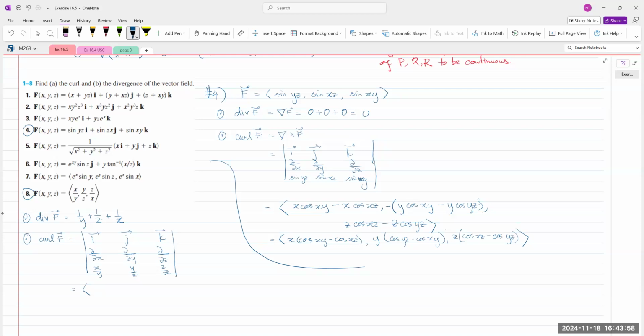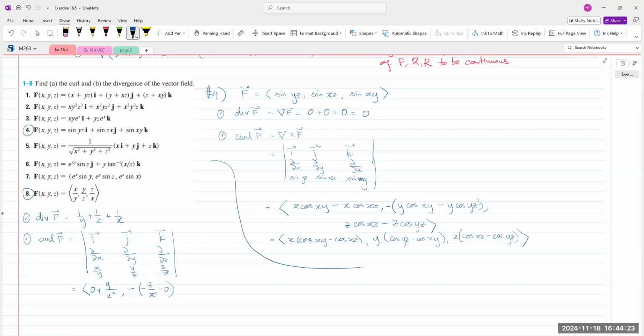That will be 0 minus the negative, that's plus y over z squared. The second component, that's negative z over x squared minus 0.